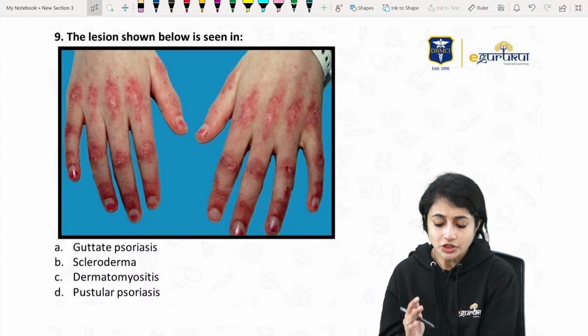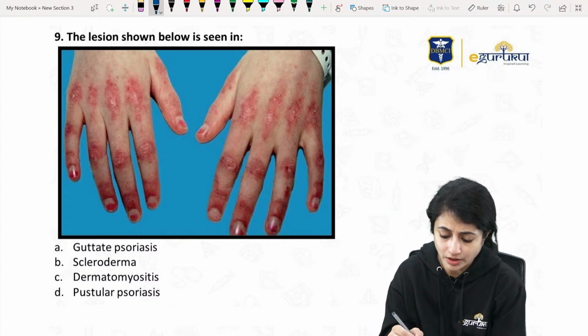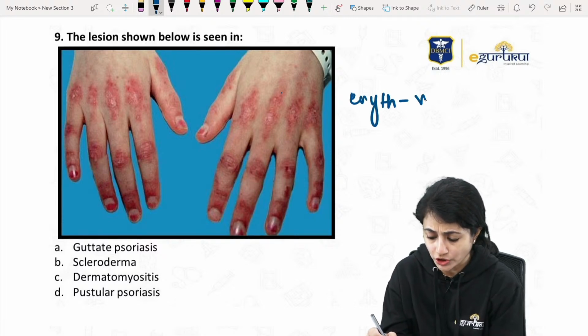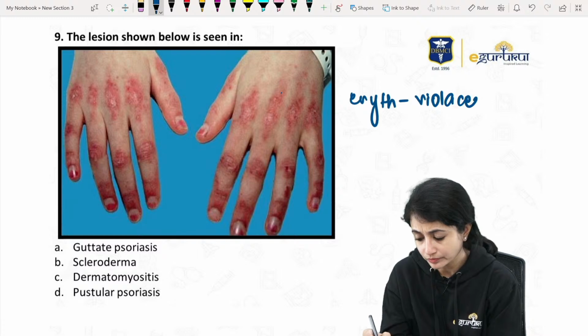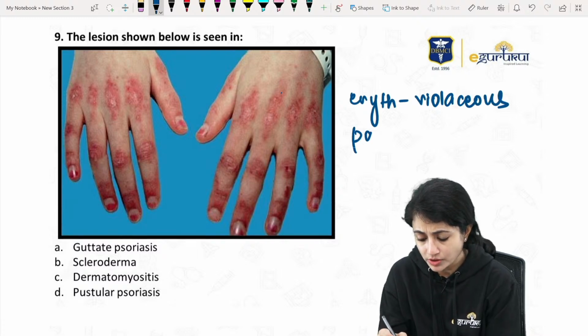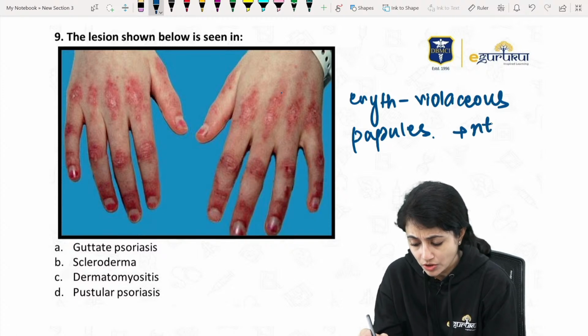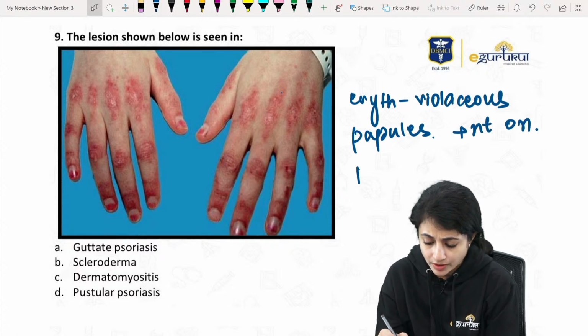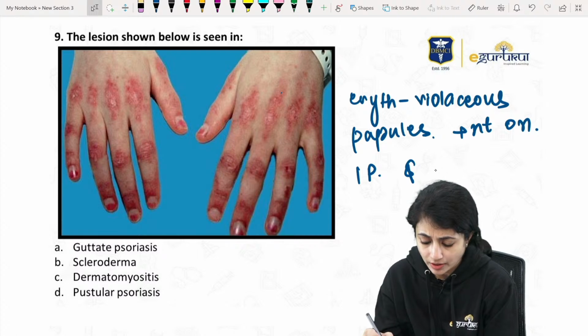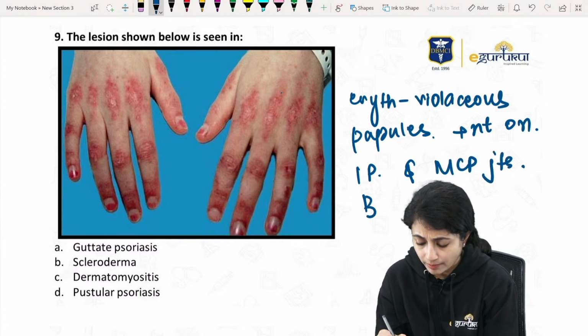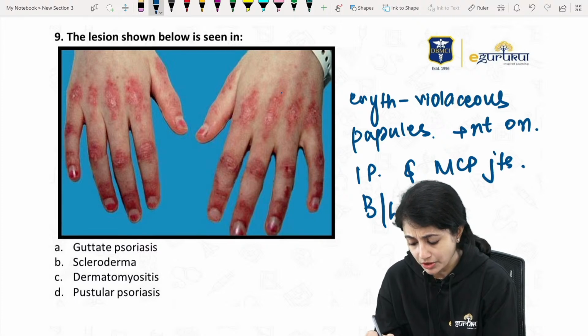The lesion here, what we see are these erythematous to violaceous papules present on interphalangeal and metacarpophalangeal joints, and they are bilaterally symmetrical.